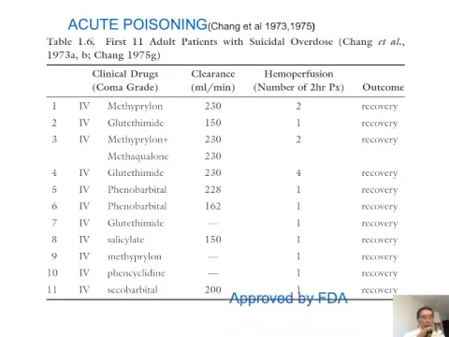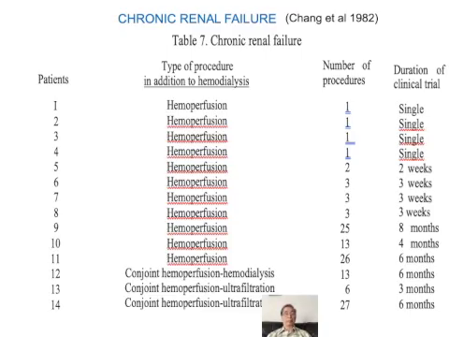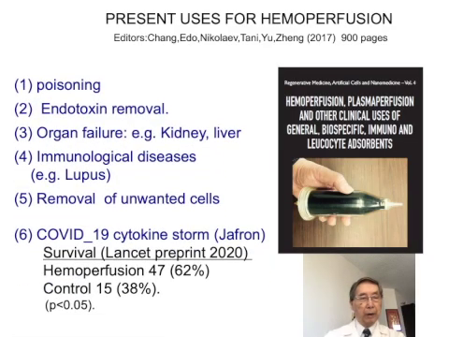I have done about 11 of these and it all worked well and FDA approved it. We carried out clinical trial on chronic renal failure patients lasting up to 8 months, and this approach was approved by FDA for device.